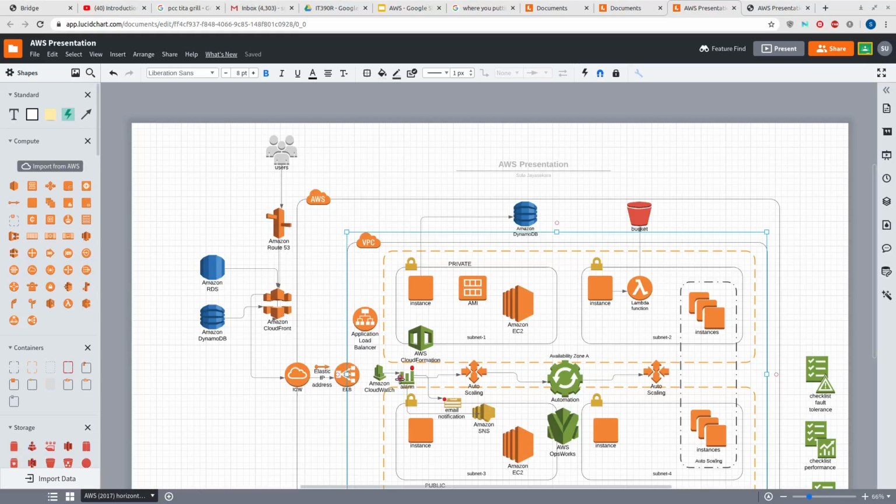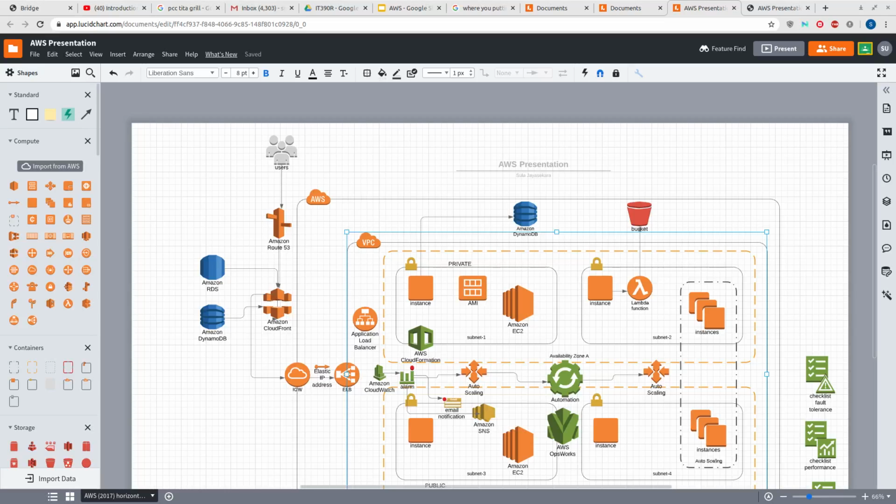Then we have Amazon CloudWatch. It's a monitoring service built for developers, site reliability engineers, and IT managers. It can monitor our applications.